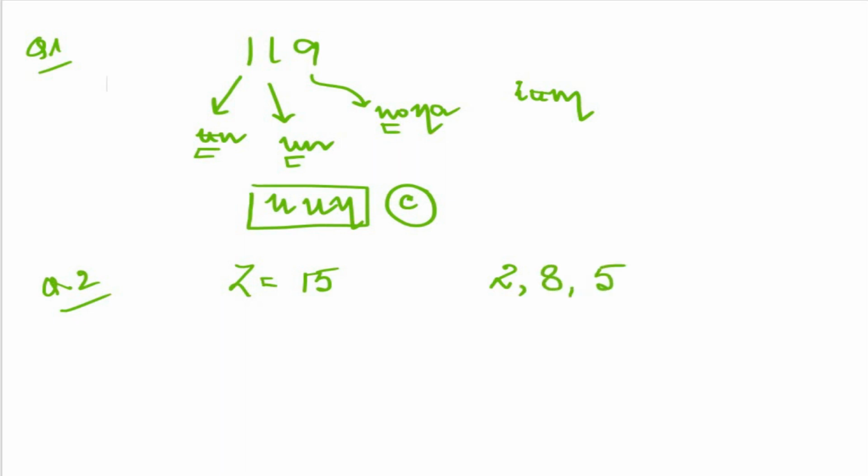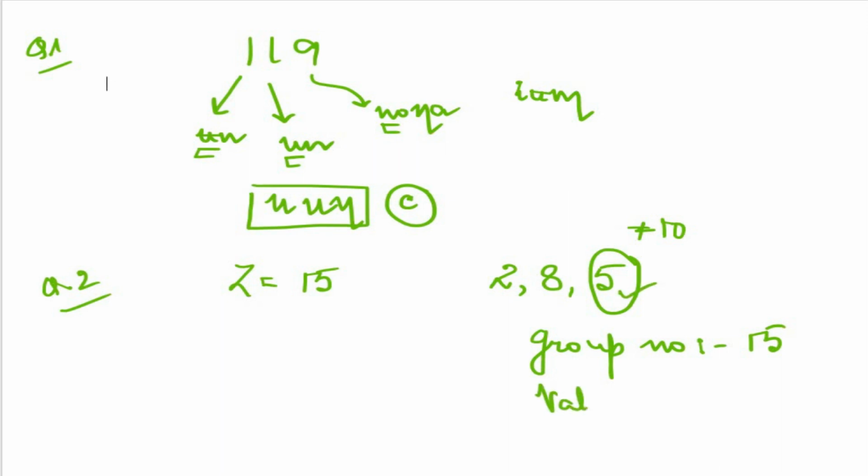Right? So from this we can say that the group number would depend on the valence electrons. When it is more than 3, we add 10 to it to get the group number. So our group number would be 15. Okay. Valence electrons are the electrons in the outermost shell, which is 5.